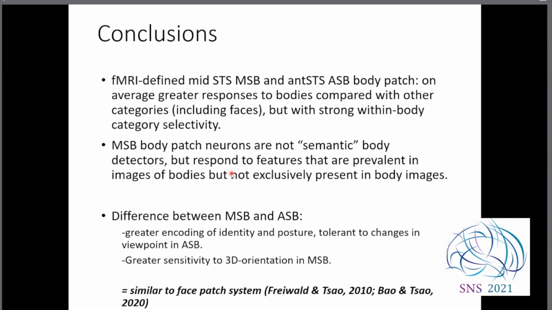And in fact, there is very recent work published last year showing that for some other object categories it might be the same, that this might be a general principle within the inferior temporal cortex: you have a more viewpoint-invariant, or tolerant, representation more anterior in the system.